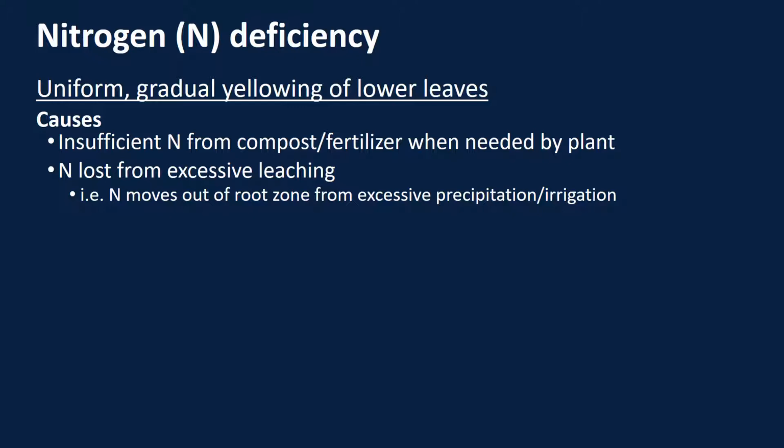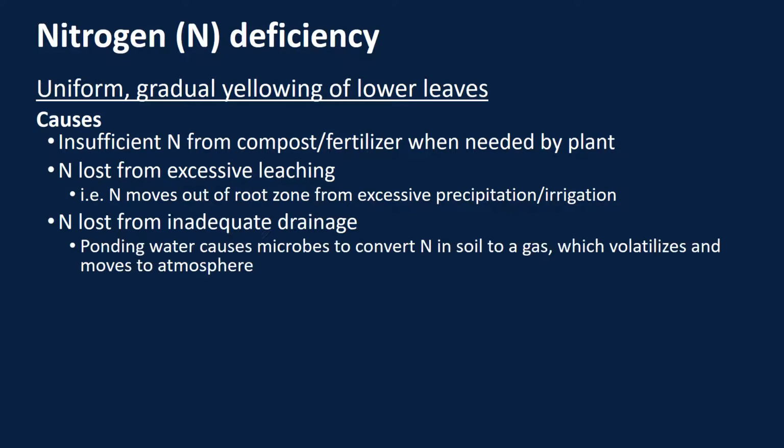And because it's negatively charged and the soil particles are negatively charged, they repel each other, so the soil particles don't hold on to the nitrate form of nitrogen as well as they do other nutrients, so it moves down and out of that root zone due to too much precipitation or irrigation. So we could have applied enough, however, because of precipitation and irrigation events, we move that nitrogen down and out of the soil. So a lot of times they'll say to split up that nitrogen application, apply it once every 2 weeks, once a week, just in small amounts as the plants start to grow more.